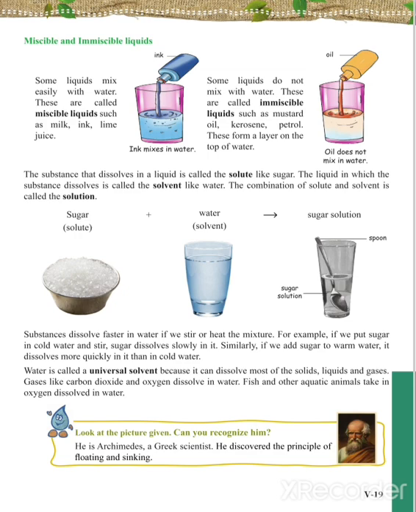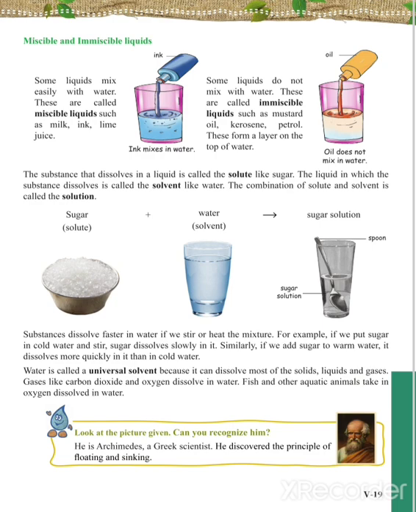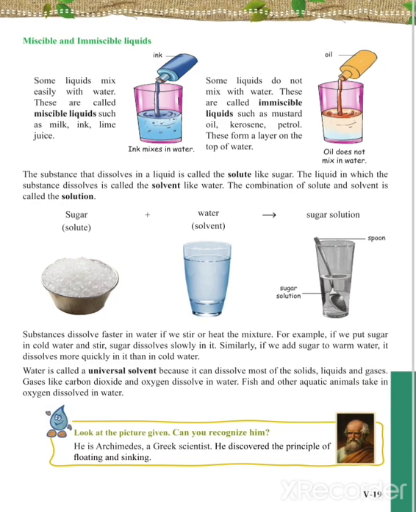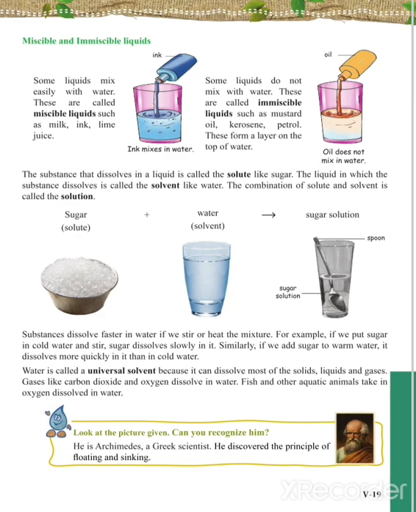And some liquids which do not mix up in the water, we call immiscible liquids, such as kerosene, oil, petrol. These form a layer on top of the water, as the density of these liquids is less than the water.